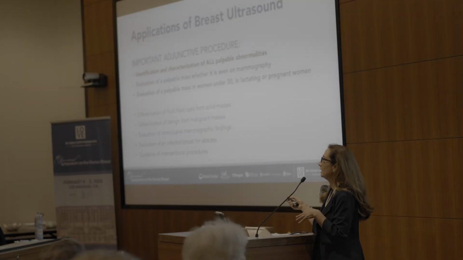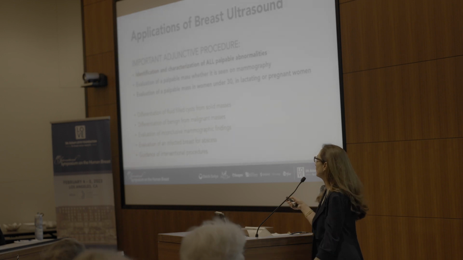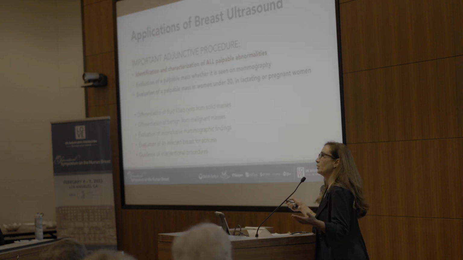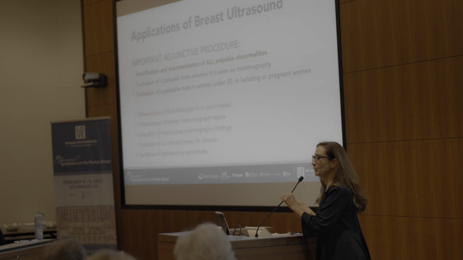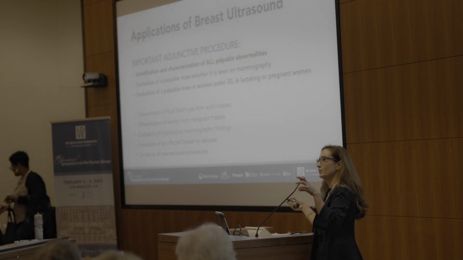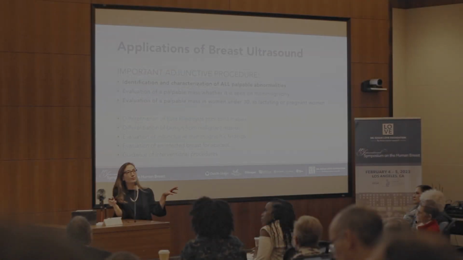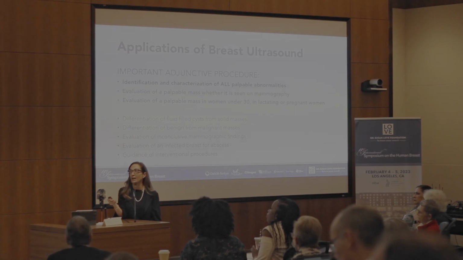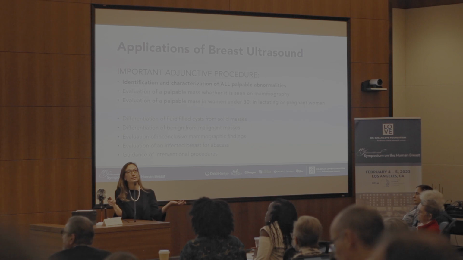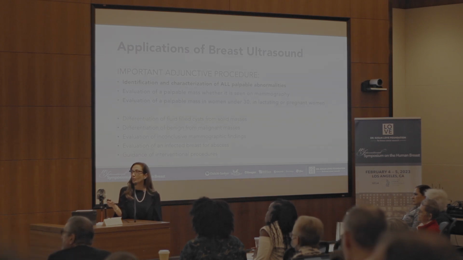We use it to identify and characterize all palpable lumps, no matter what the mammogram shows. It's the first test we do in a woman with a palpable lump who comes in under 30, lactating or pregnant. Initially, when we first used ultrasound breast imaging, we used it just to tell the difference between a benign fluid-filled breast mass versus a solid mass. Now we use it to differentiate between benign solid masses and malignant solid masses.